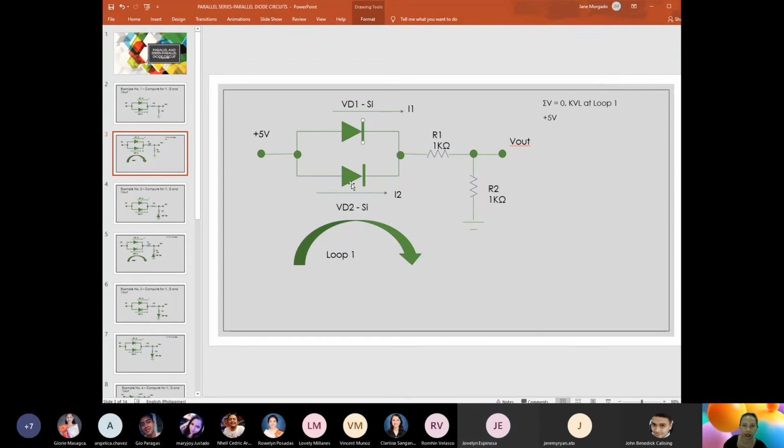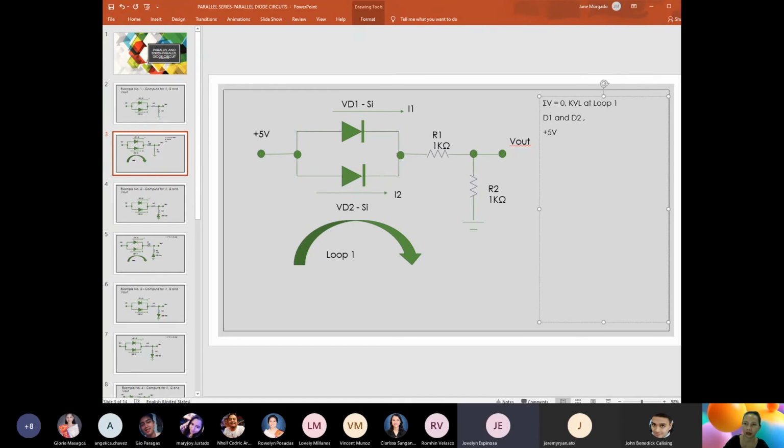So therefore, since they are both silicon, what is the voltage drop across a silicon diode? 0.7. Okay, 0.7. Pareho naman sila ng orientation, di ba? Since they're both same direction, ano yung state ng diode? D1 and D2 are both, ano?